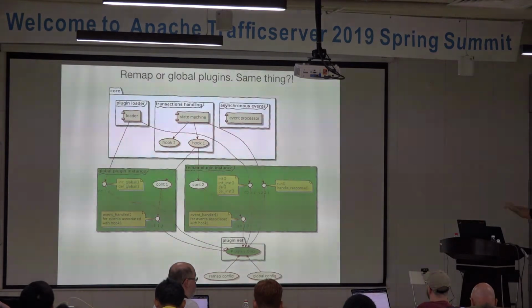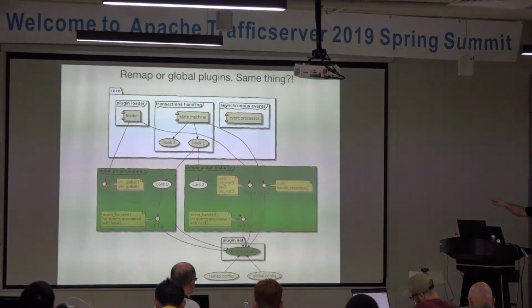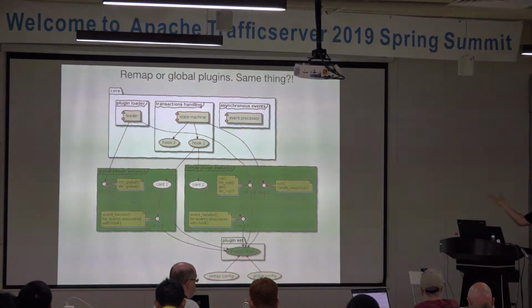What I wanted to show with this slide is that I couldn't find any difference between the global and the remap plugin. After some point from the bottom up, it's the same thing. I studied some code and saw we're doing the same thing for both plugins. The reason I decided to rework the whole thing is that I'm hoping we can reuse those objects for the global ones.